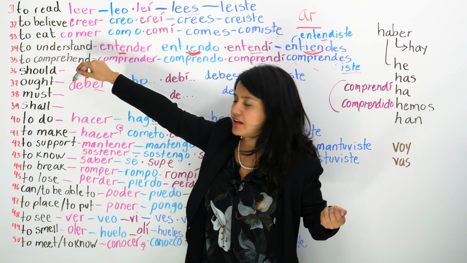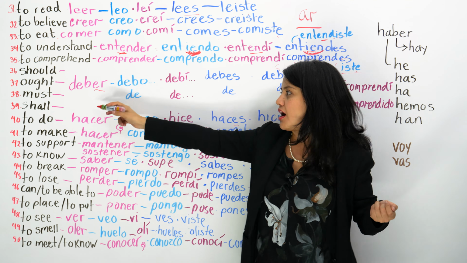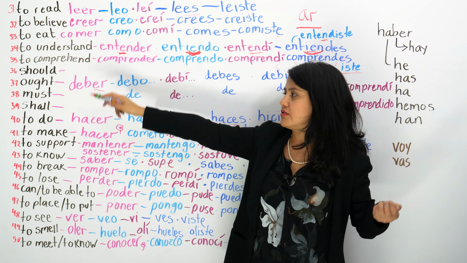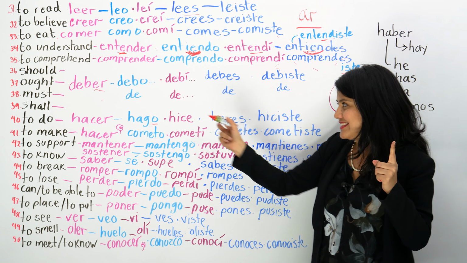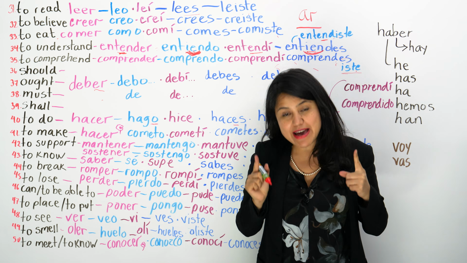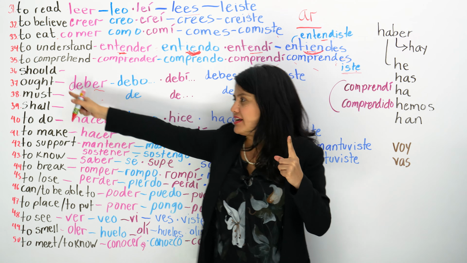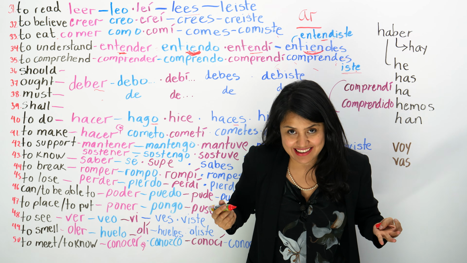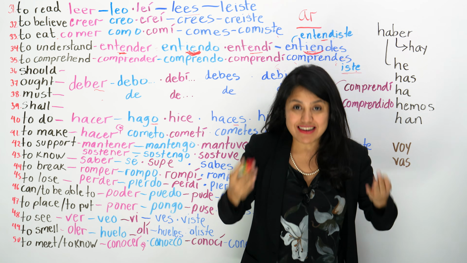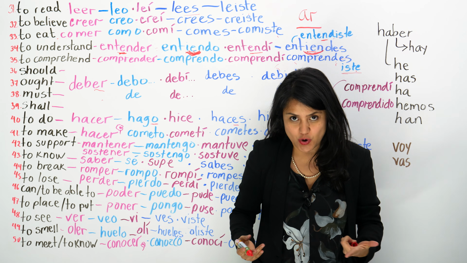Now, should, ought, must, shall. Deber. Now, deber can be either of these, but also is to owe money. So if you owe money, go and pay the money you owe.